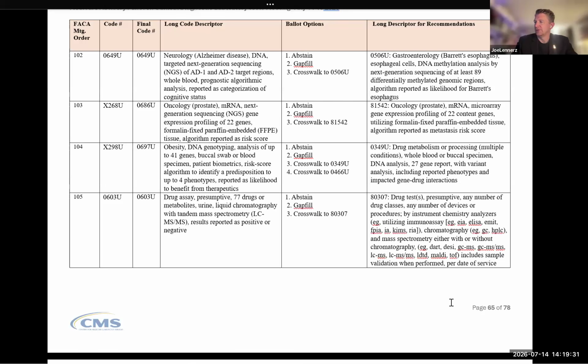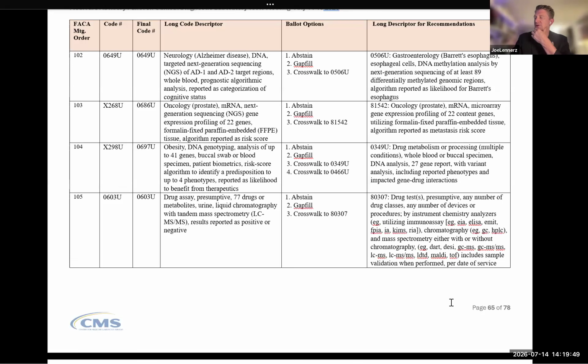0686U is an oncology test in the field of prostate cancer, mRNA-based next-gen sequencing, expression profiling of 22 genes. Sounds at first glance, because it's reporting a risk score, relatively similar to Oncotype DX.